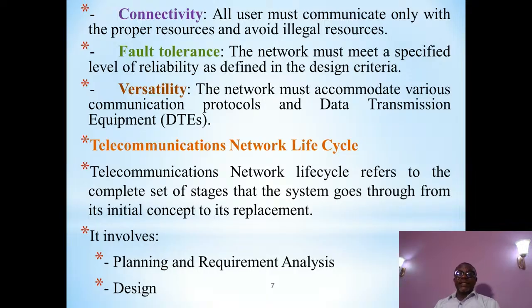Four, versatility. The network must accommodate various communication protocols and data transmission equipment. By this, we are saying that many vendors manufacture different data terminal equipment. If you take, for instance, your telephone handset, you have different vendors that manufacture telephone handsets.